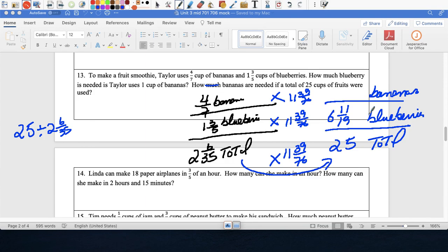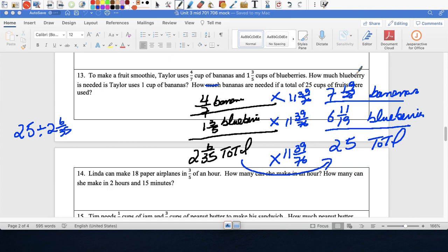1139 over 76. We're going to simplify and get 7 19 over 28. Oh, something's wrong here. Did I multiply something wrong?